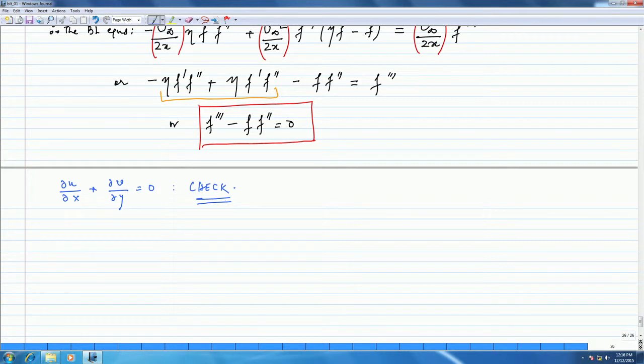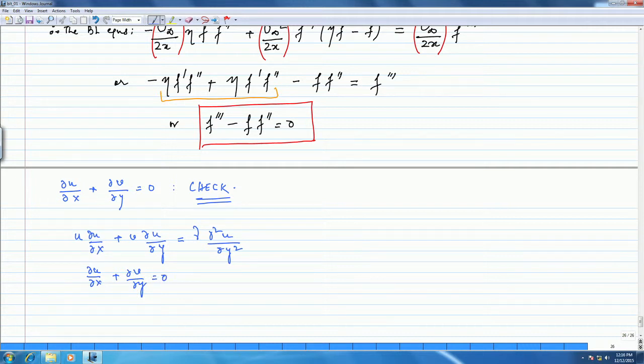Now, what is interesting is, let me actually write that down. Where we started out, the Navier-Stokes equation, right? From there, we reached u ∂u/∂x plus v ∂u/∂y is equal to nu ∂²u/∂y², right. And we have ∂u/∂x plus ∂v/∂y is equal to 0.